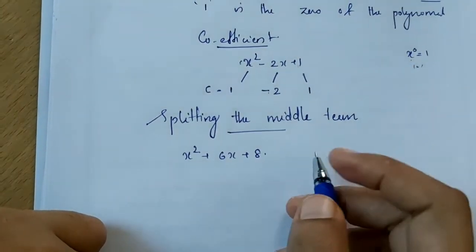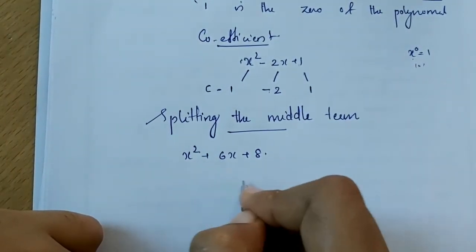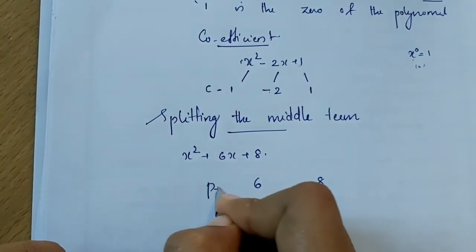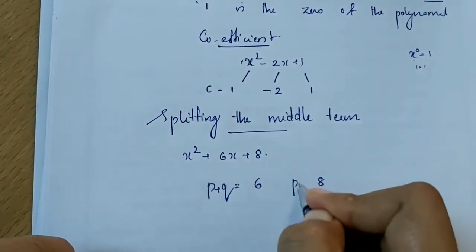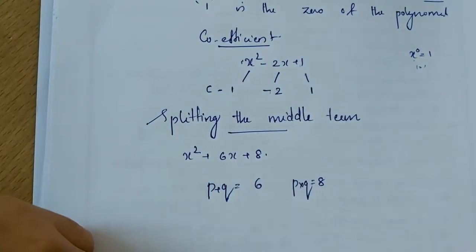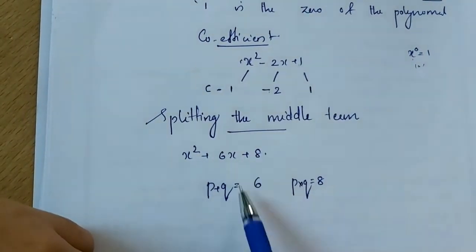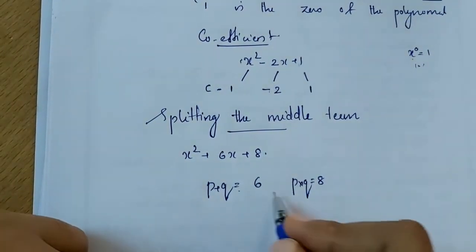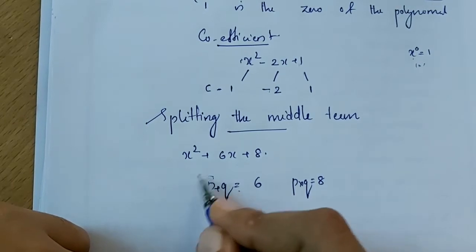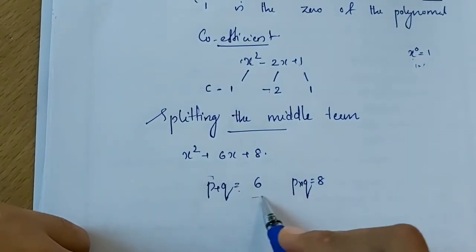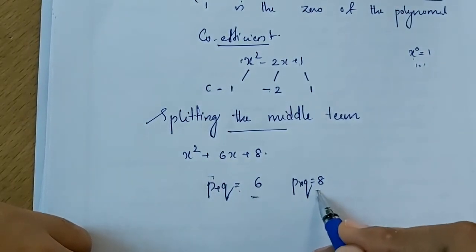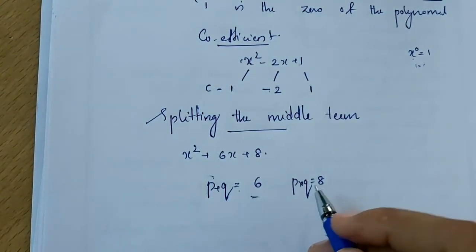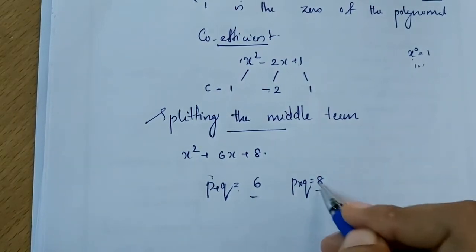Here we consider 6 and 8. Okay, p plus q is equal to 6 and p into q is equal to 8. We are taking the value 6 as p plus q and 8 as p into q. Then find the values for p and q, where p plus q is equal to 6 and p into q is equal to 8. When we consider 3 and 3, the multiplication value is 9.